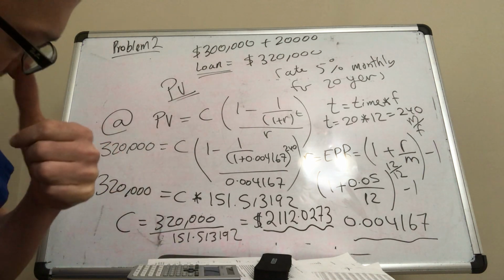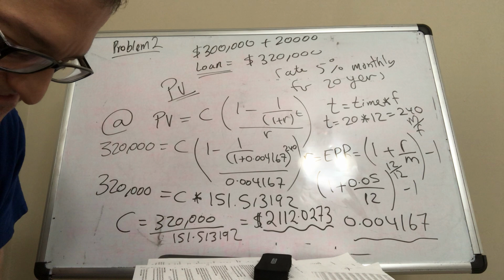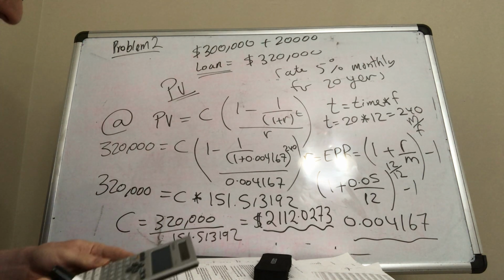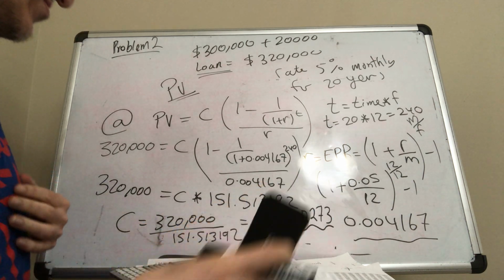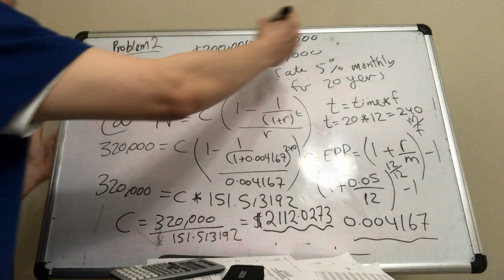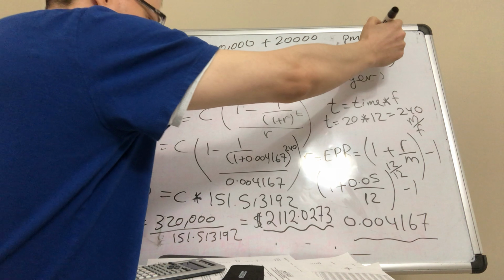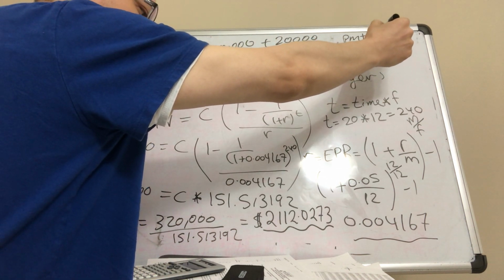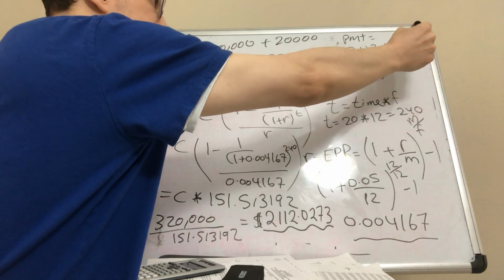This is your monthly payment. Okay. So I'm going to add it here. Payment is 2,112.0273.